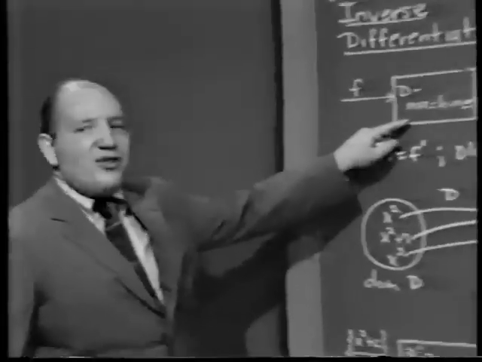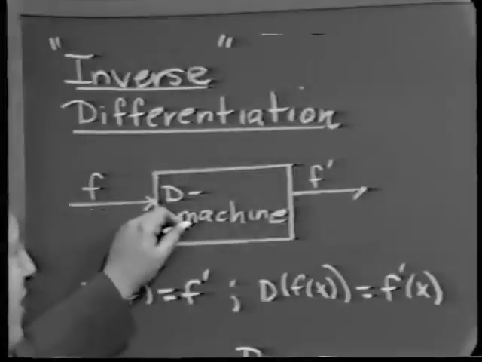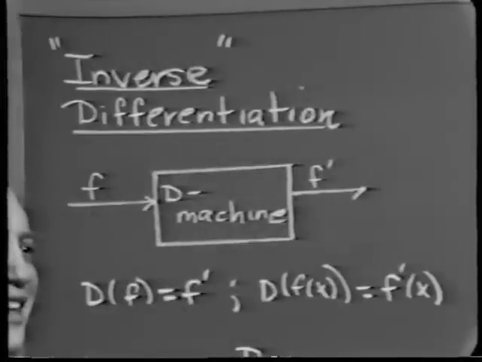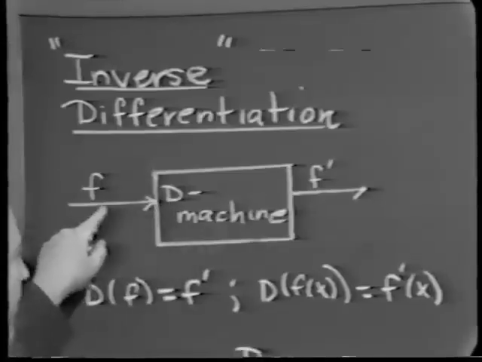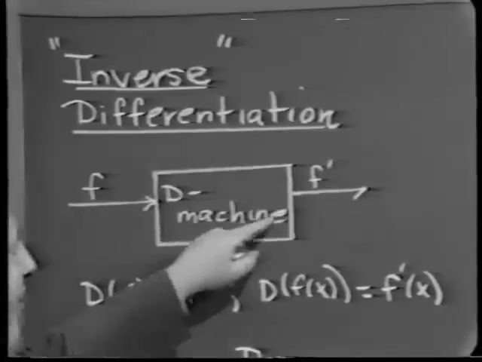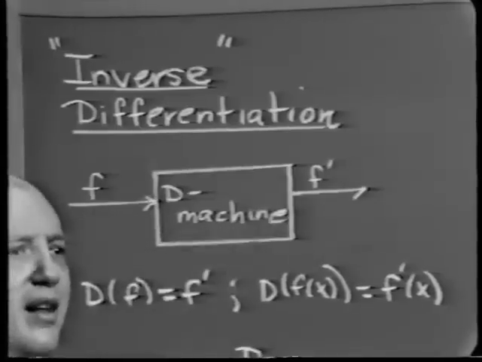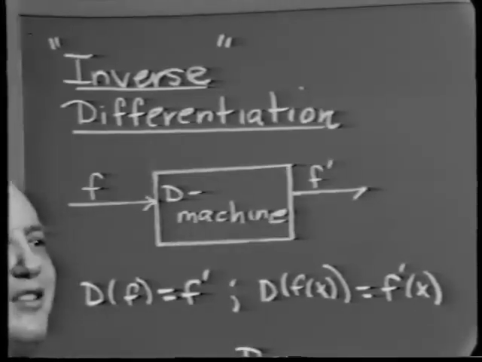In other words, what we could have done is to have visualized a different function machine, which I will call the D machine. Hopefully the D will suggest differentiation, where the domain of my D machine, in other words, the input of my D machine, will be differentiable functions, and the output, the image of my D machine will be the derivative of that particular function.